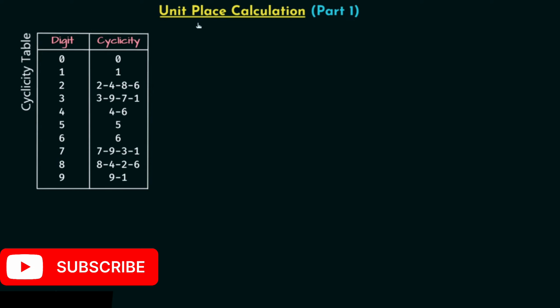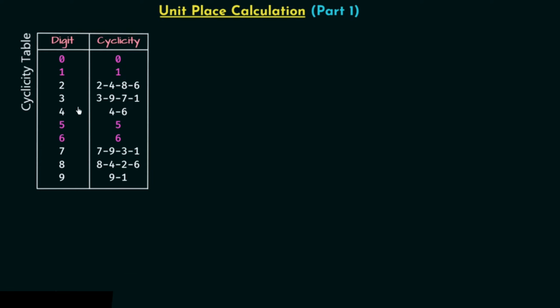Now in the part 1 of unit place calculation, we will focus on 4 digits, and these 4 digits are 0, 1, 5 and 6. We are keeping 0, 1, 5 and 6 together in the same group because when you focus, you will find their cyclicities are similar. 0 has cyclicity equal to 0, 1 has cyclicity equal to 1, 5 has cyclicity equal to 5 and 6 has cyclicity equal to 6.